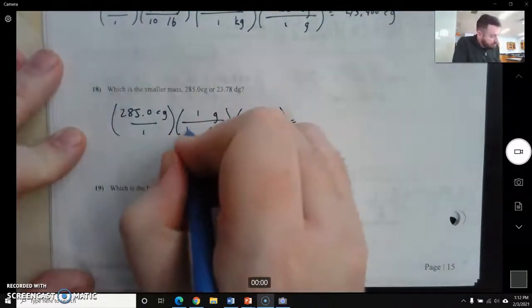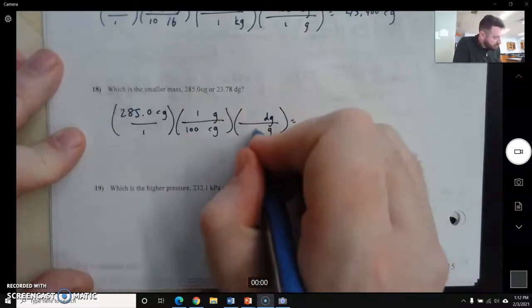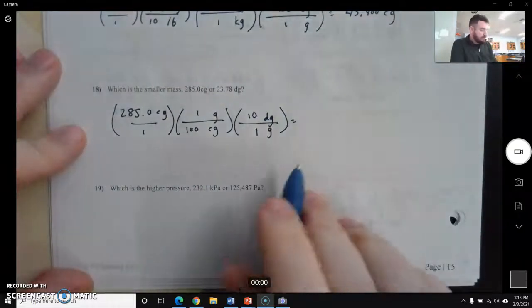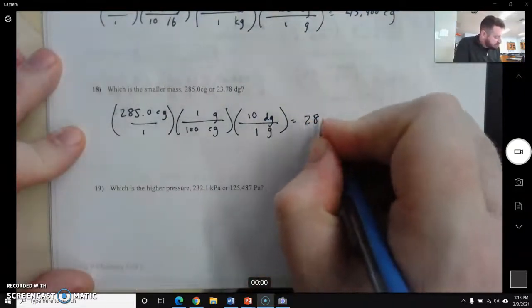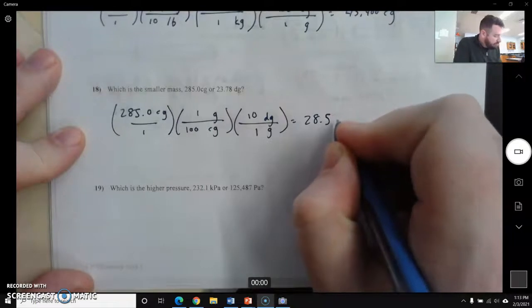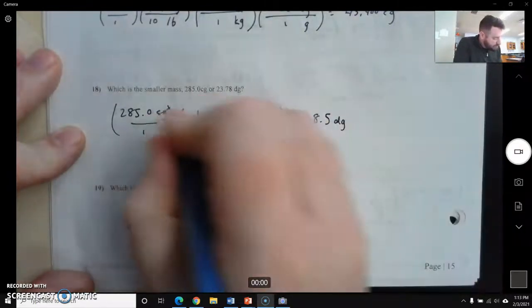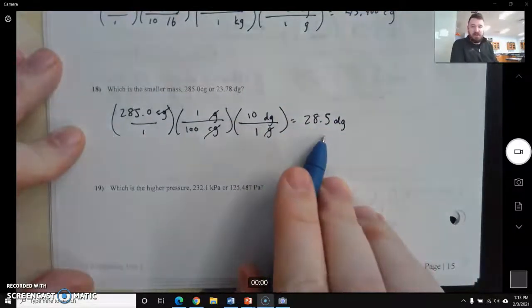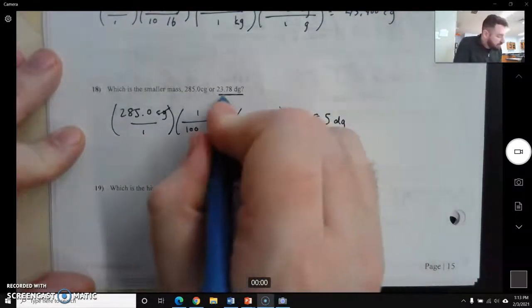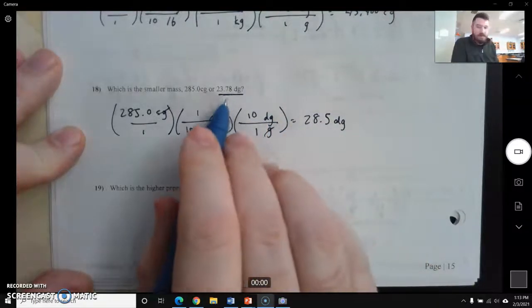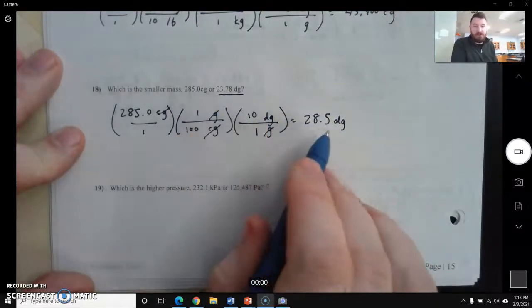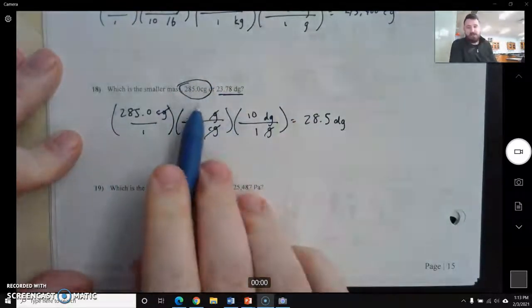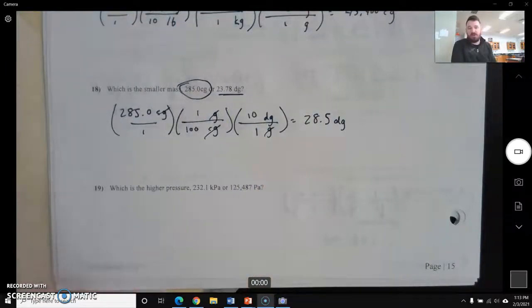For every 1 gram, I should have 100 centigrams, and for every 1 gram, I should have 10 decigrams to give me 28.5 decigrams. Our centigrams cancel out, our grams cancel out, just give me units of decigrams. And when I compare this to our decigrams above, I see that, right, this number is smaller than that number. So I do know that 285.0 centigrams is larger than 23.78.